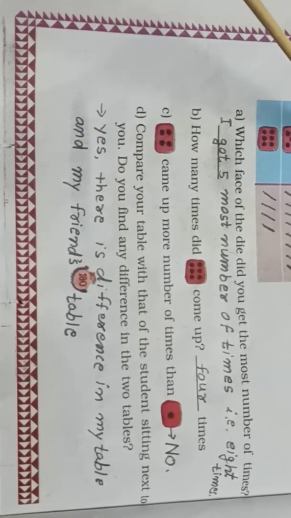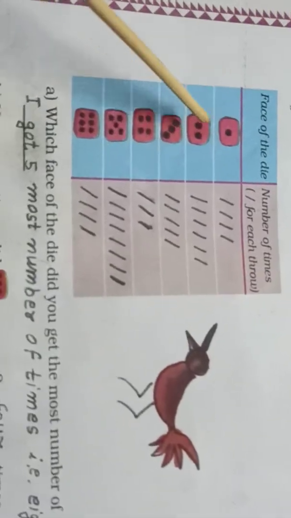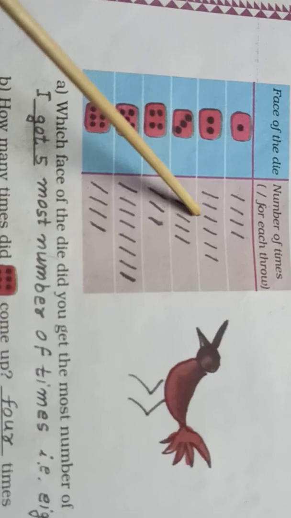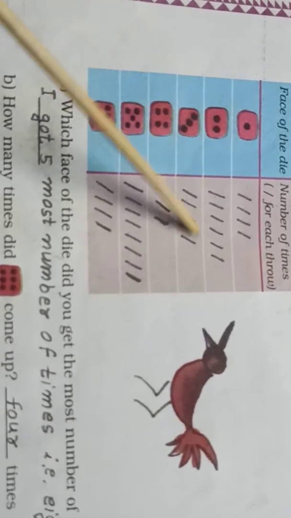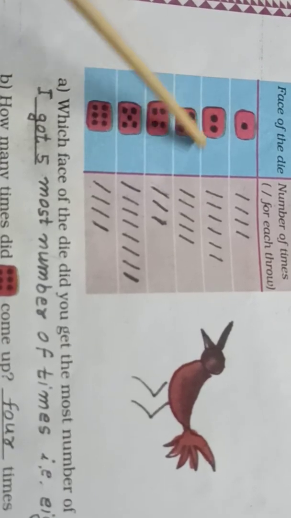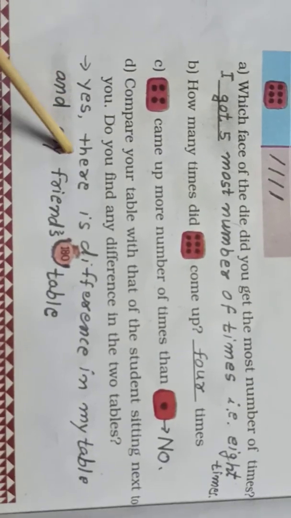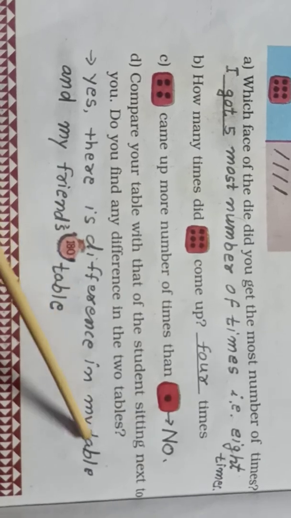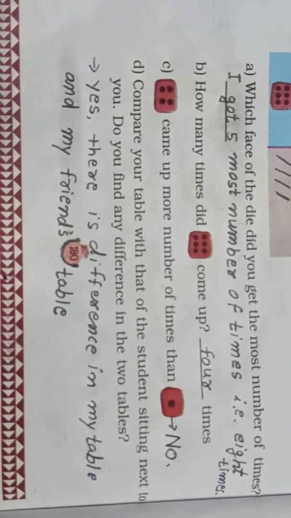Suppose it is not necessary that 2 comes 6 times. I got 2 how many times? 6 times, but it is not necessary that my friend got the same number of times. Okay, so here I have written the answer. Yes, there is a difference in my table and my friend's table, right?